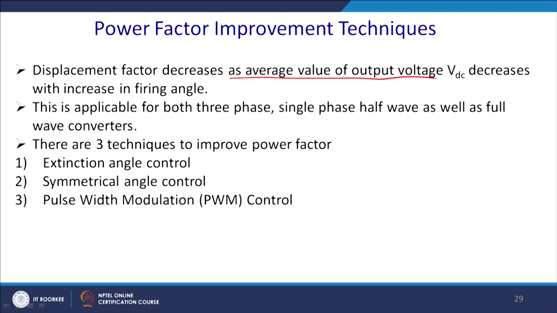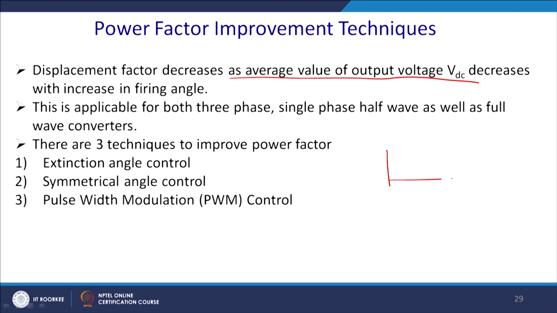Let us have some analysis now on power factor improvement techniques. Essentially in power electronics we have a displacement power factor and the actual power factor. Displacement power factor decreases as the average value of the output voltage VDC decreases with increasing firing angle.